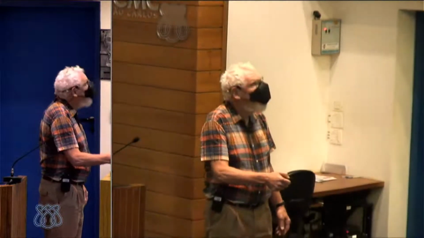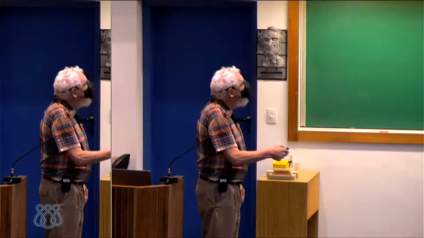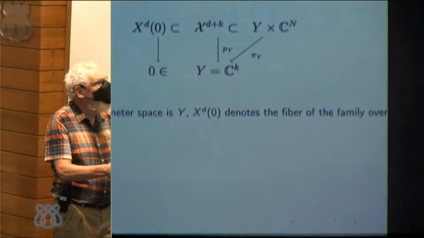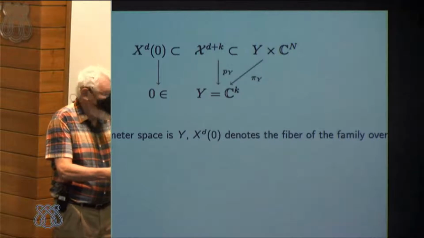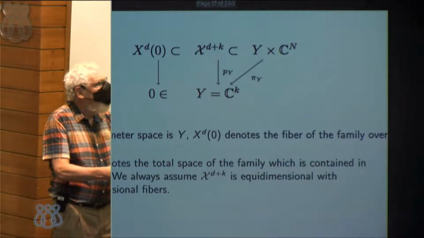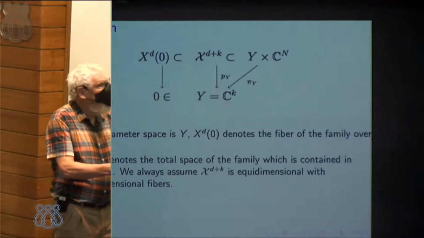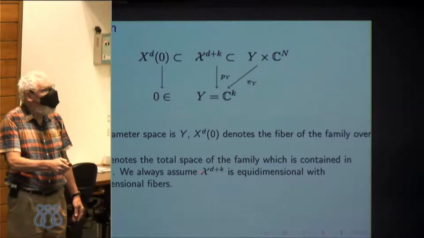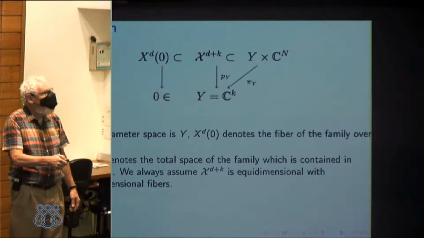First we have some notation. I'm going to be looking at families of sets. This is the total space of the family. Y is always going to be the parameter. And this is important: we always assume that the total space is equidimensional and has equidimensional fibers.